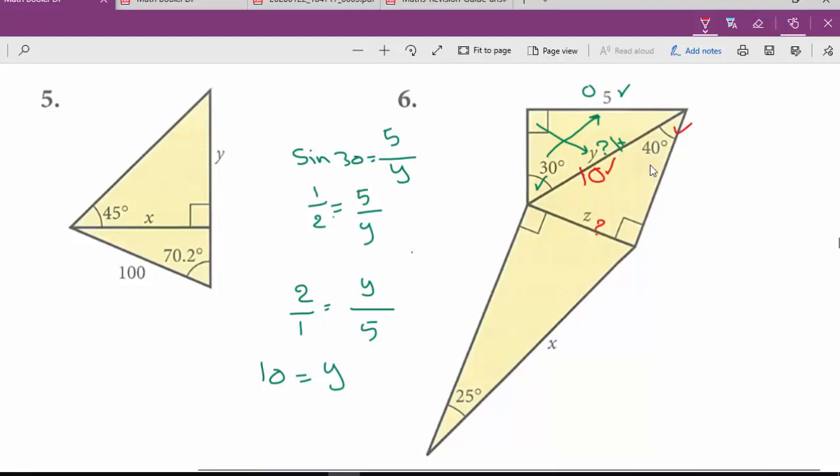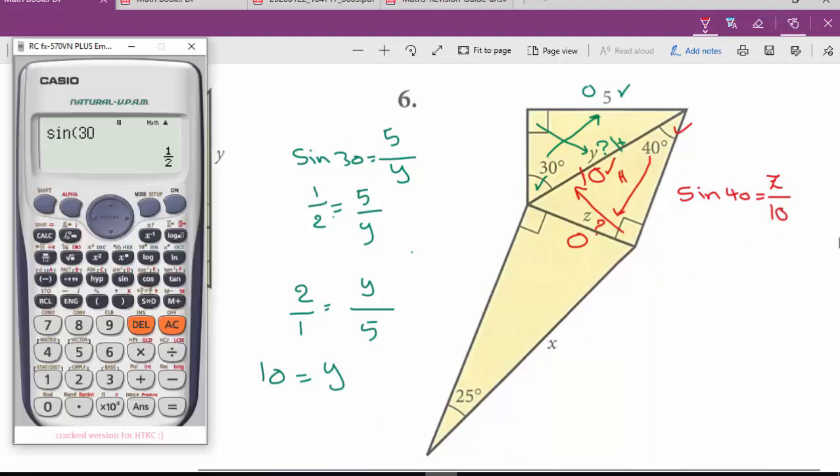Now identify the sides. Z is the opposite, and this side is opposite the right angle, so this is h. Opposite and h, it means we need to use sine. Sine of 40 is equal to opposite, which is z, over 10.